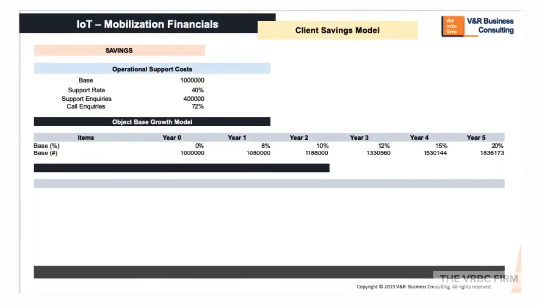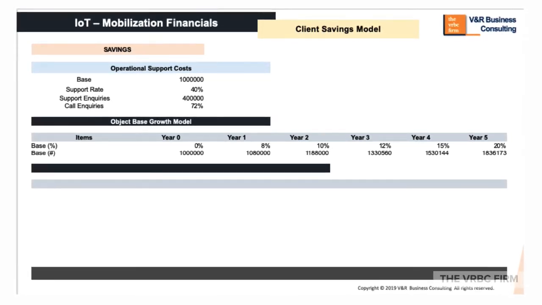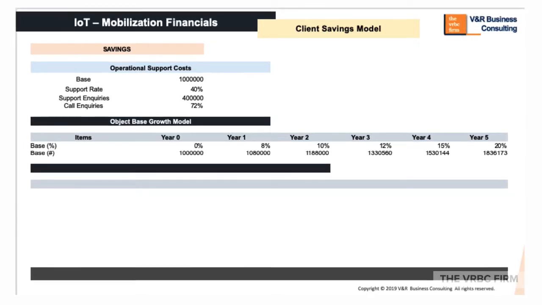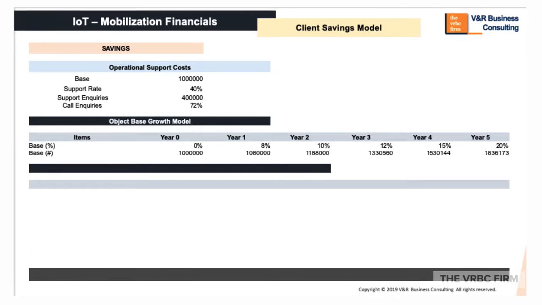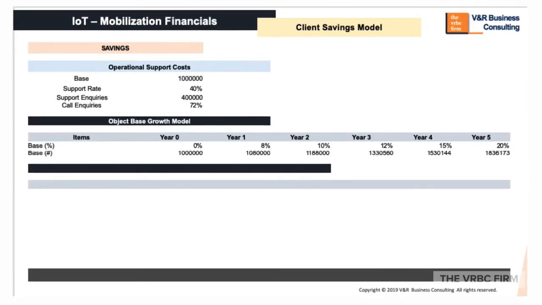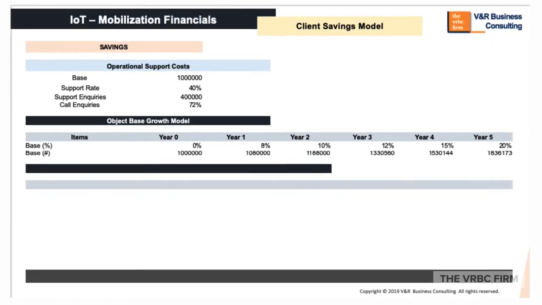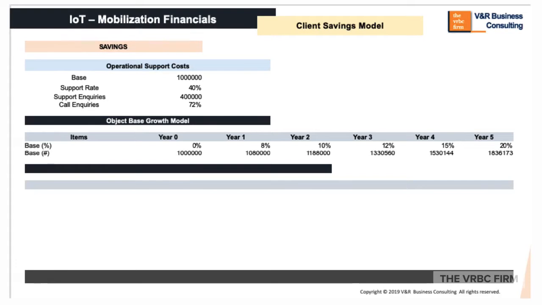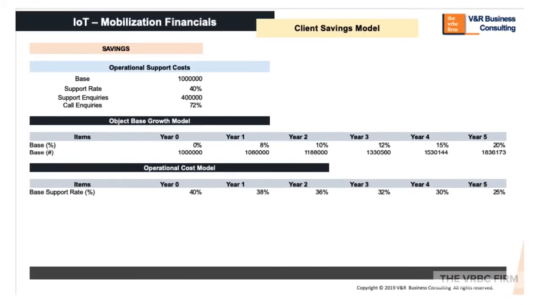So let's reflect that. We start with a base of 1 million objects with annual growth as estimated here. Similarly, we estimate the rate of support required.